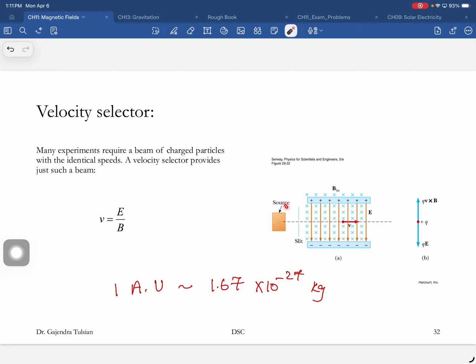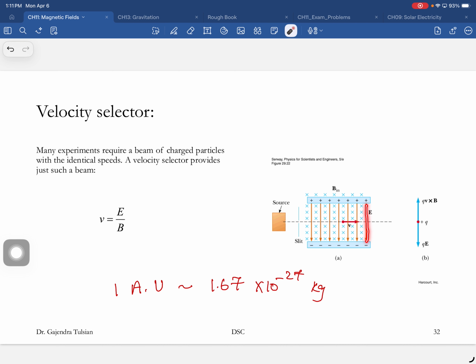All right, so here's a source. Let's say you want to weigh some gas. You can ionize it through an oven and spit out these hot gases. It goes through a slit, and here's a charged particle traveling at a velocity v.